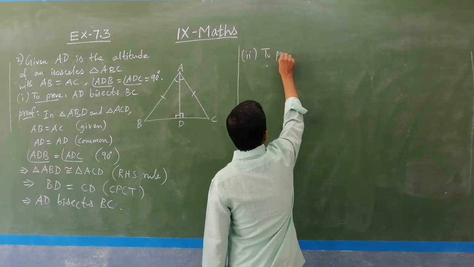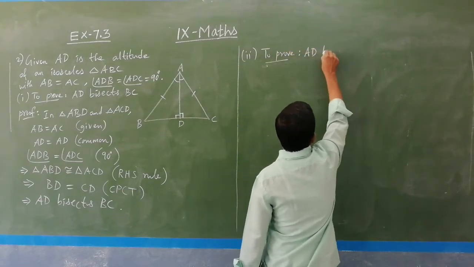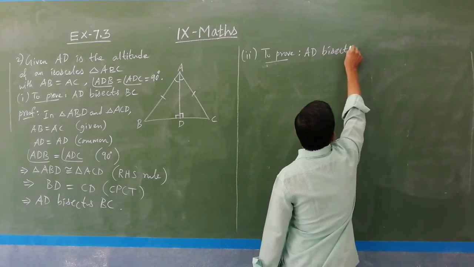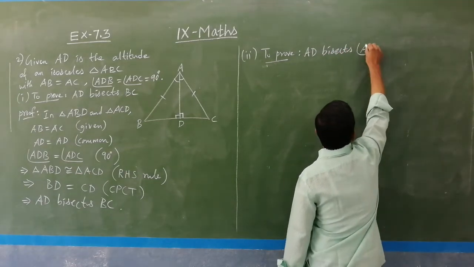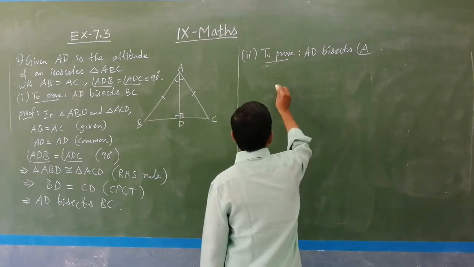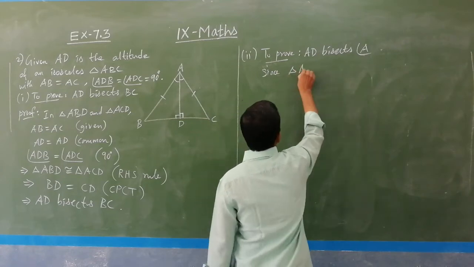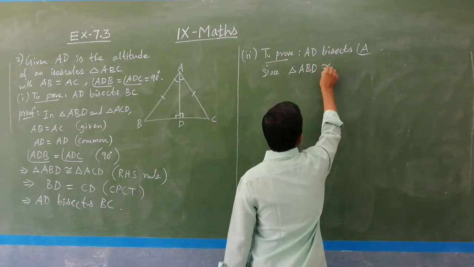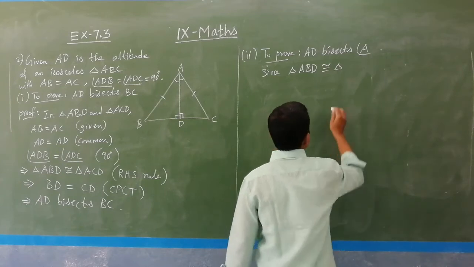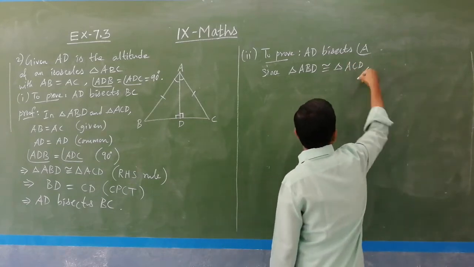To prove AD bisects angle A, how to prove that? Since these two triangles are congruent, triangle ABD congruent to triangle ACD, what can we take?